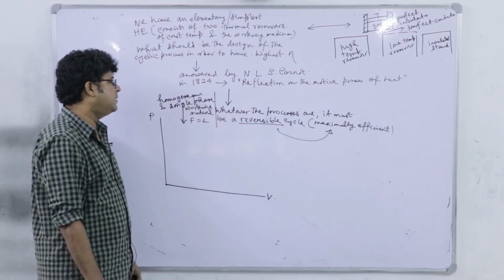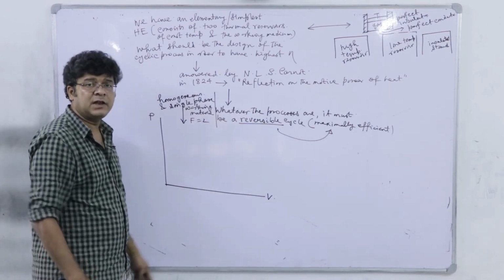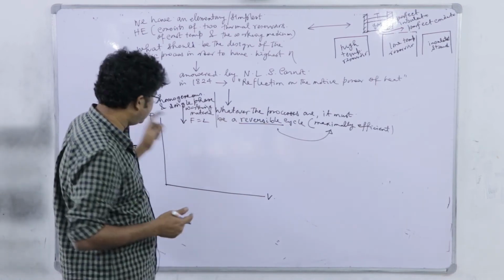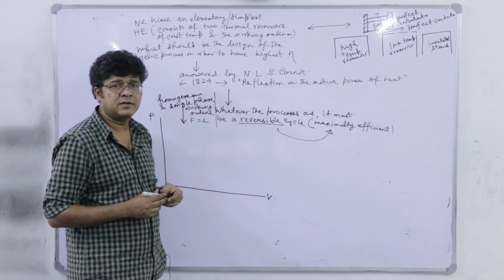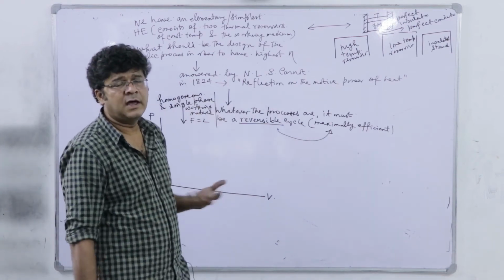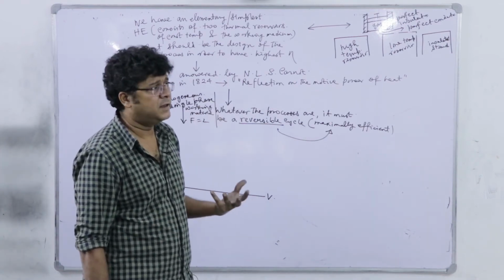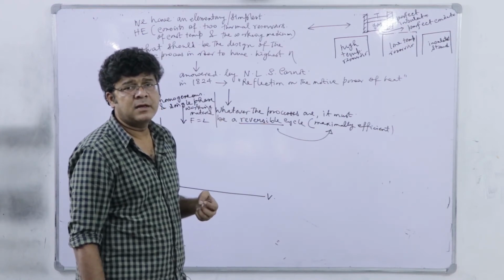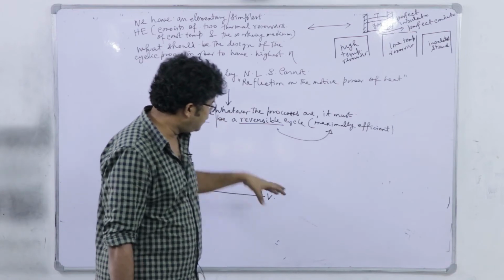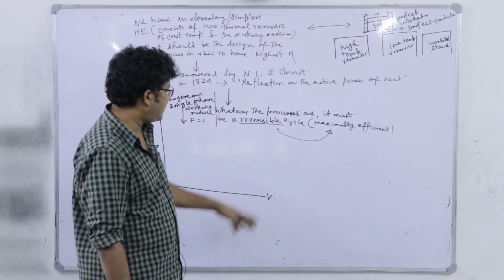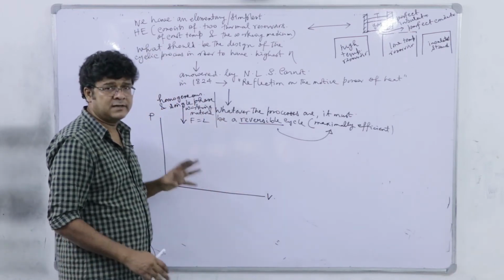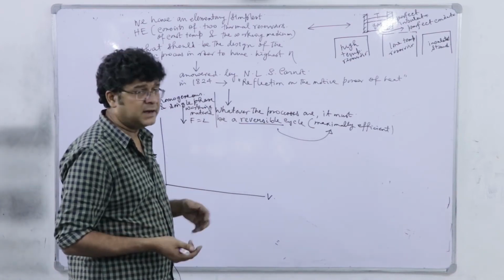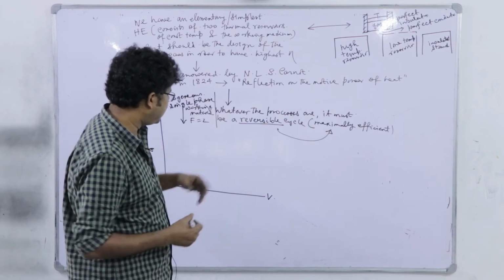We choose pressure and volume to have a physical feel about the process, but theoretically it should be pressure and temperature. We do not use the pressure-temperature phase diagram because we want to understand the process, and though volume is not a canonical variable, in terms of volume we can understand the process better.